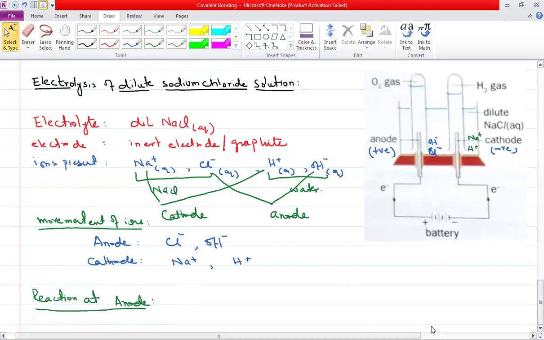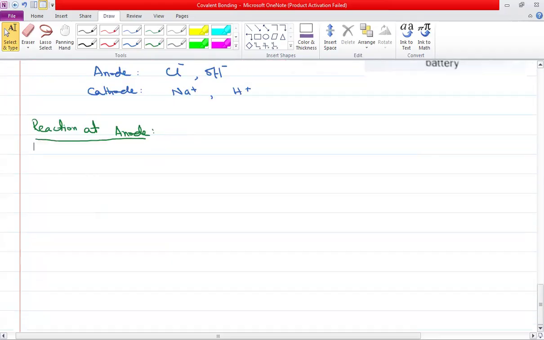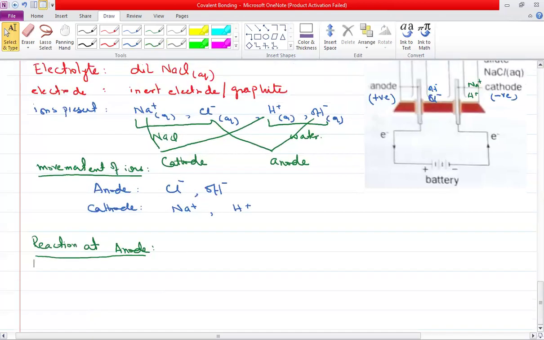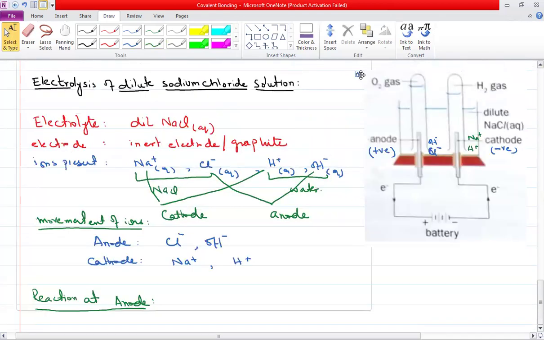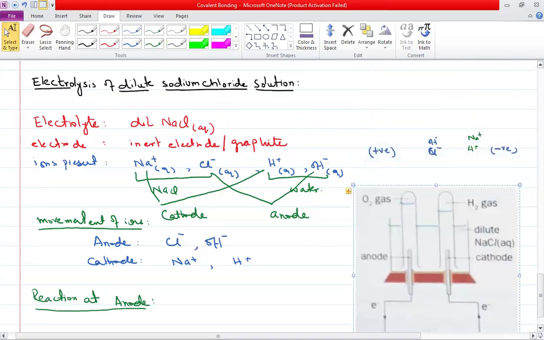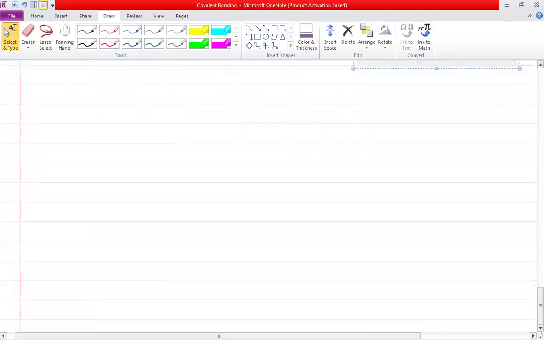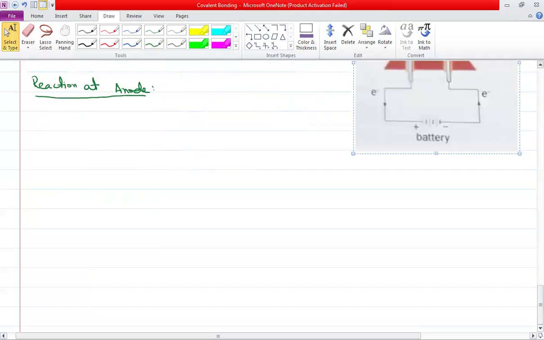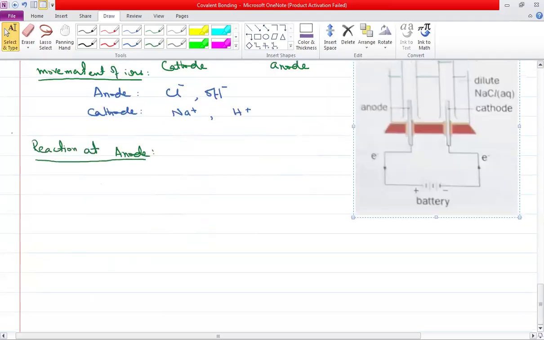So at the anode, two ions will reach, but only one of the ions will be selected by the electrode. So I can copy the diagram. When chloride and hydroxide ion travel to the anode, only the ion with higher concentration will be selected. OH ion is higher in concentration as your solution is dilute, so OH ion will be selected here.